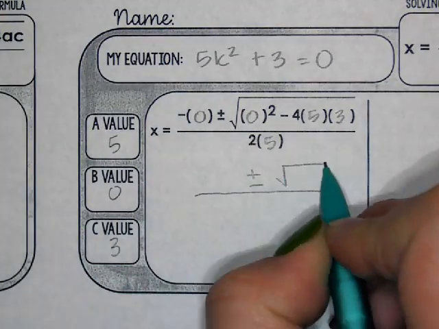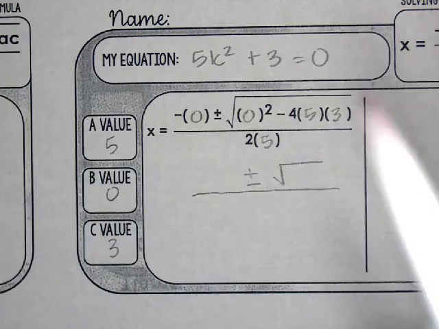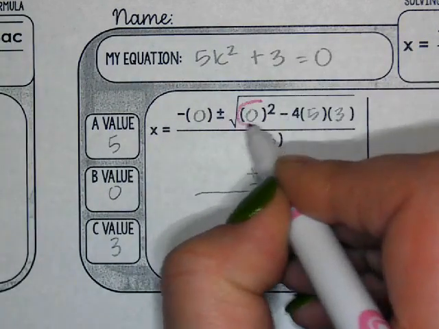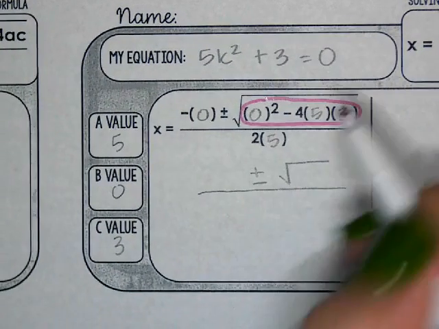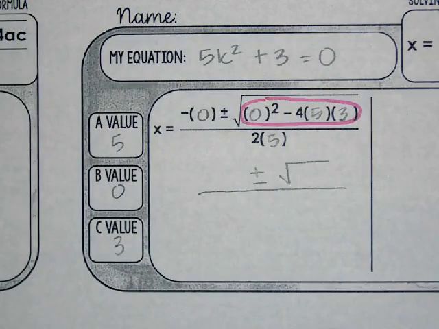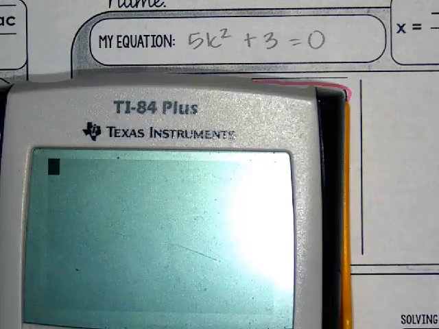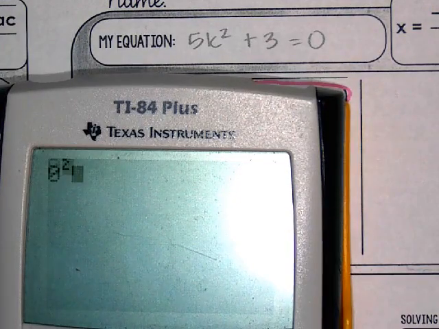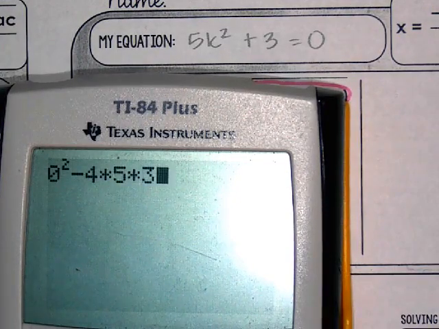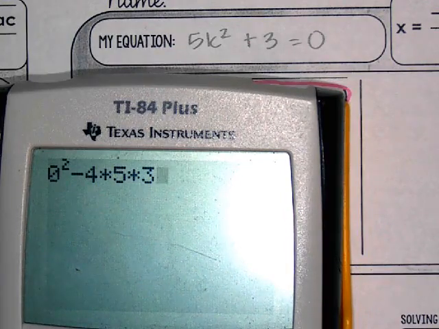And I'm going to figure out what my discriminant is. Zero squared minus 4 times 5 times 3.